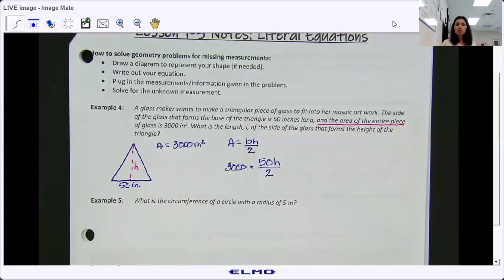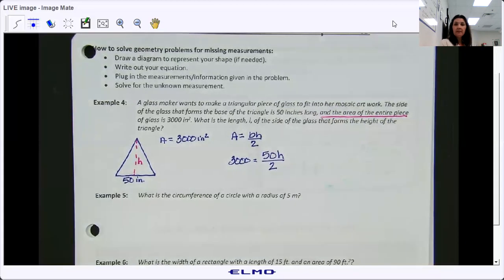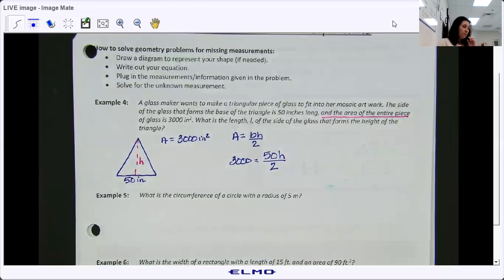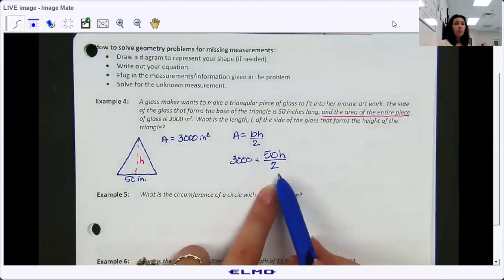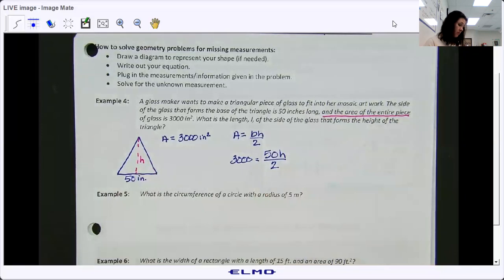Now there's two ways that you could solve this equation. You could take 50 and divide it by 2, and then you have 25. But it doesn't always work like that. A lot of times you'll end up with a weird decimal that's hard to work with. So even though that makes the most sense here, we won't always do that. Just keep that in mind, and in another problem, we will try the other way.